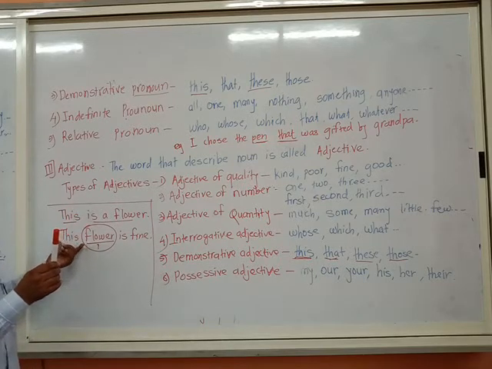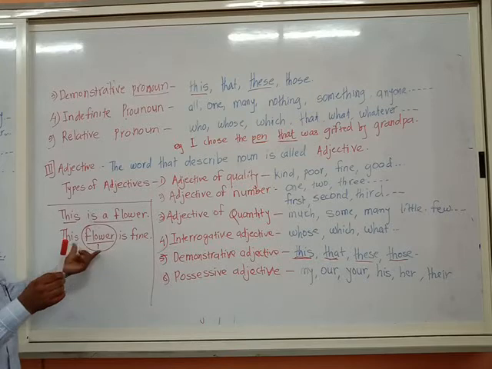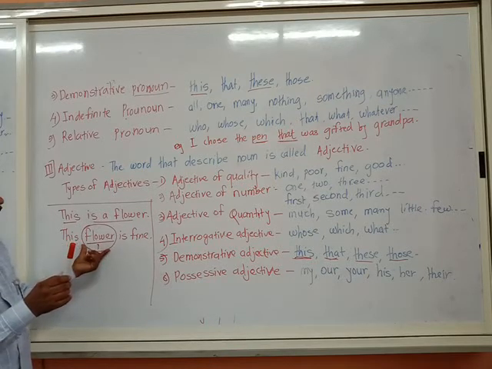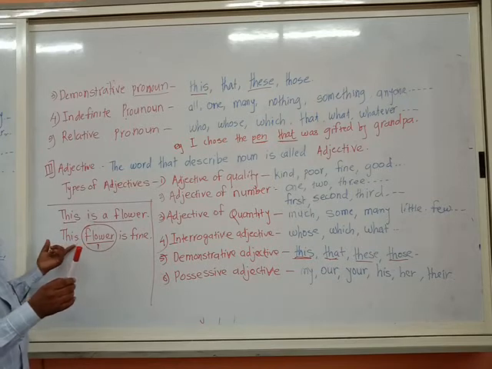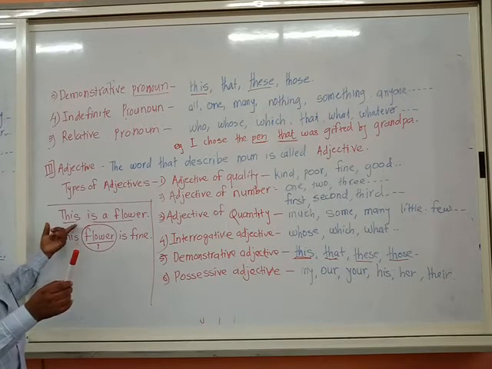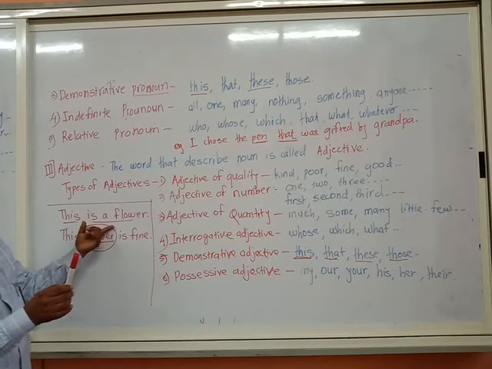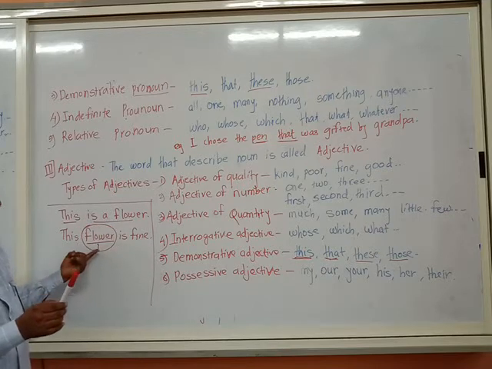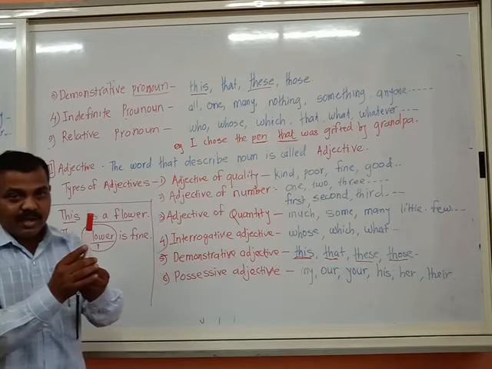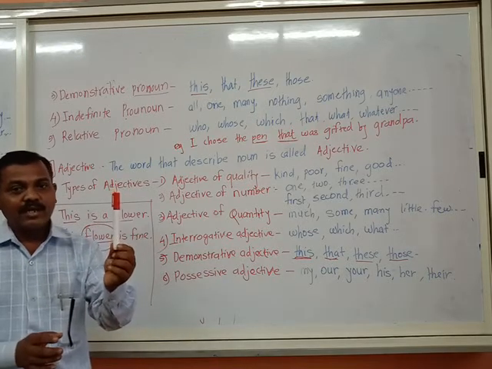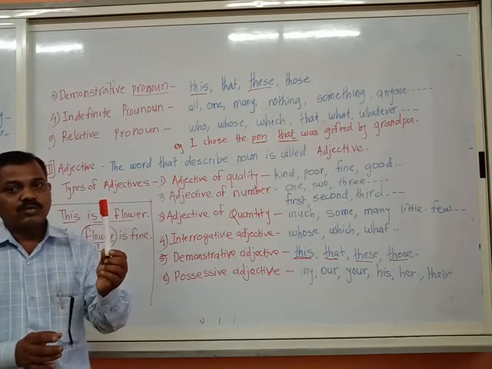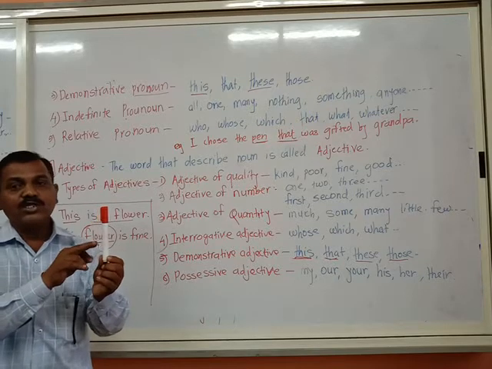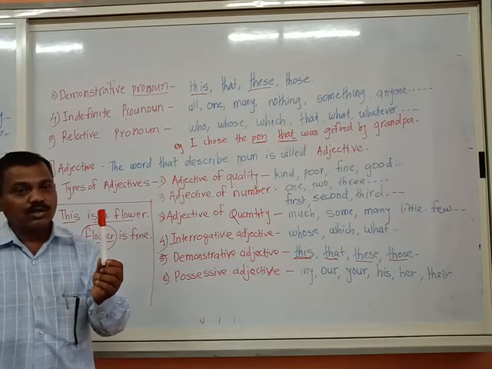When this, that, these, those are used before the noun, and this noun is made the specific thing, then this is called the adjective. So this is a flower is just to show something, and this makes the something special about the specific thing. This is a pen, and when I say this pen I like most, I am talking about only this pen, not yours, others, anything.